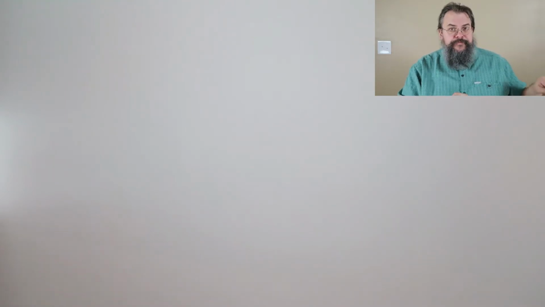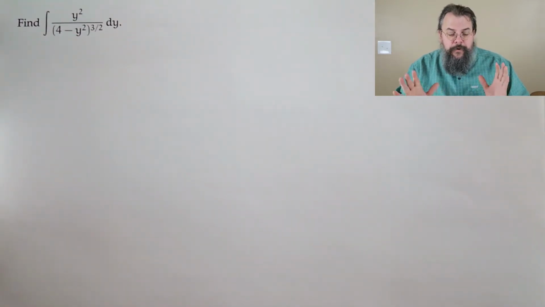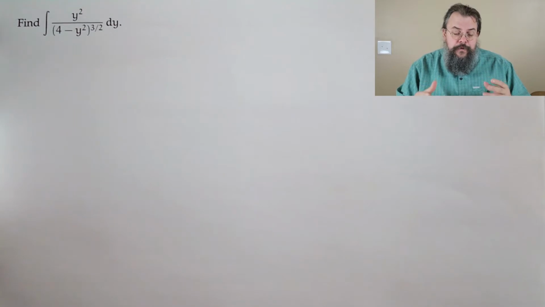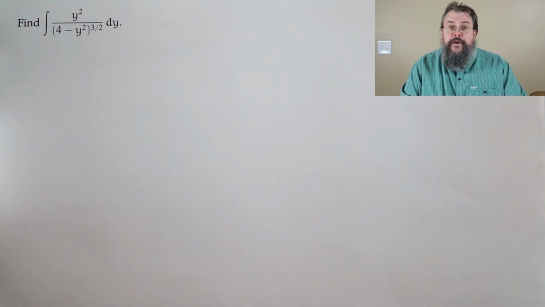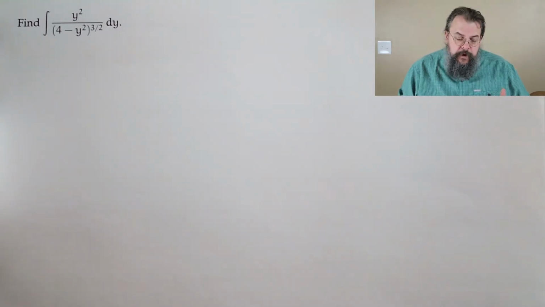Well, now that we've warmed up, let's go and do some more problems. Our next problem: find the integral of y squared over (4 minus y squared) to the power 3/2 dy. All right, well, what can we do? We look at the form.